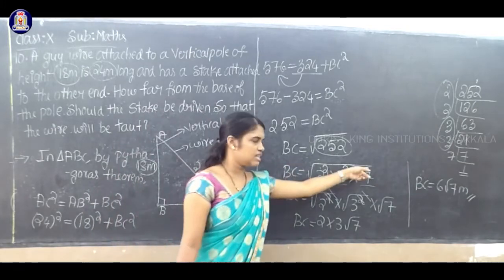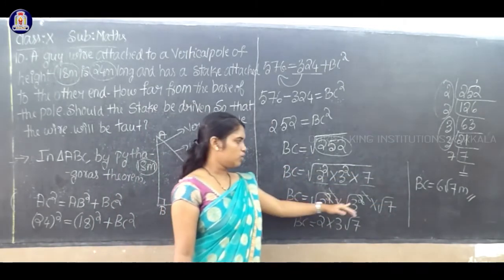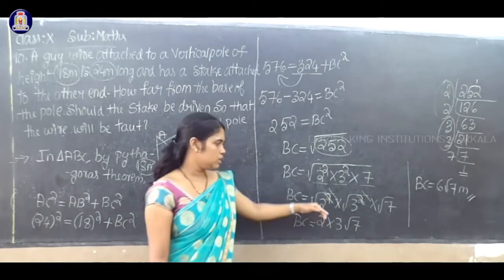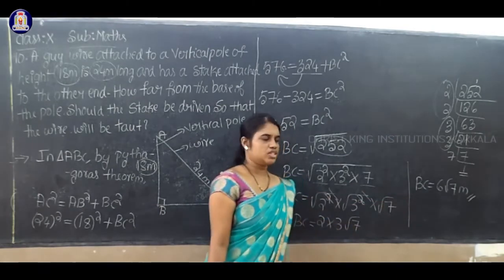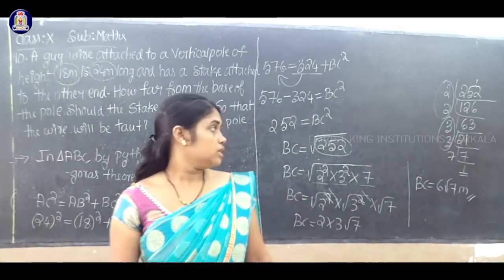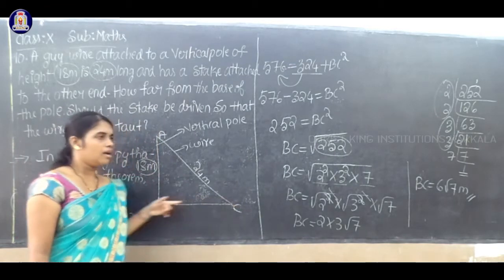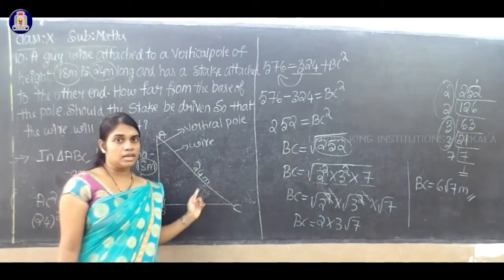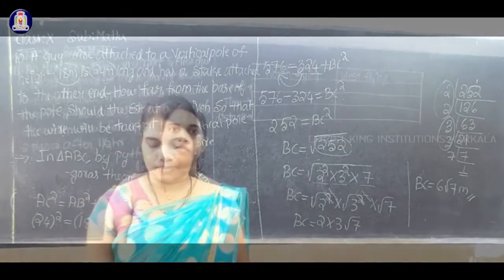I cannot write 7 square. Next I will split, the square and square root get cancelled. The remaining term is 2 into 3 into root 7. 2 threes are 6, so 6 root 7. So what is the length of this base BC? BC is given by 6 into root 7 meter.